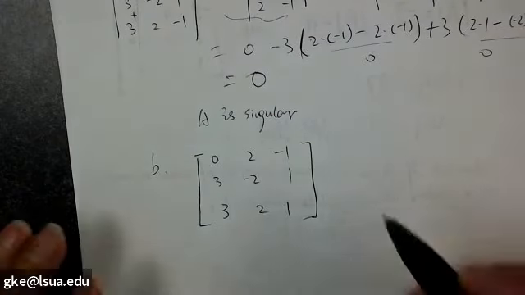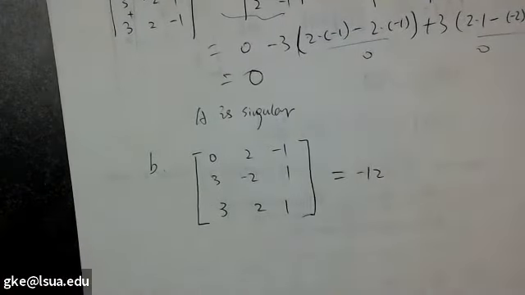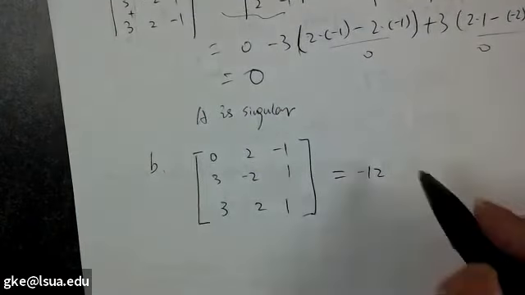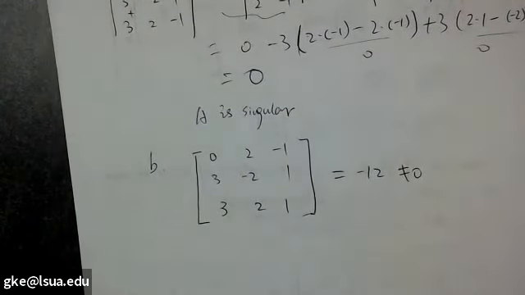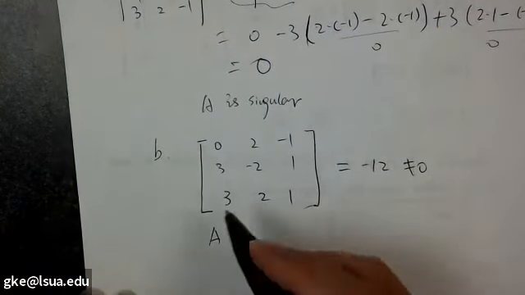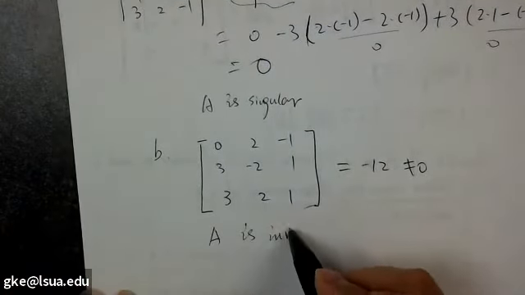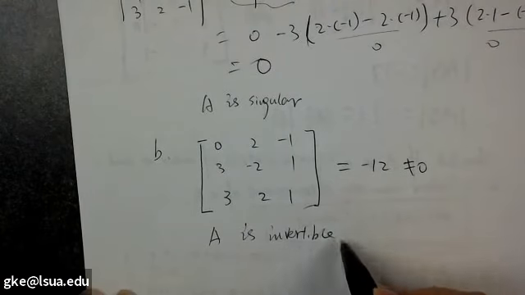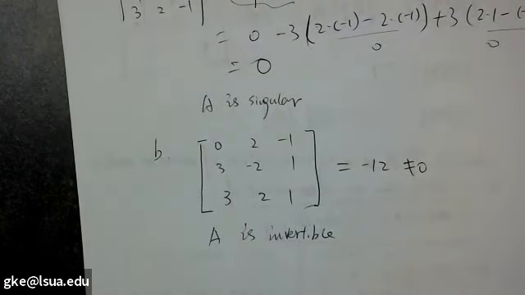That is -12. I will not write down the answer; you can do it by yourself. And this doesn't equal 0. That means A is invertible. That's it, based on theorem 3.7.